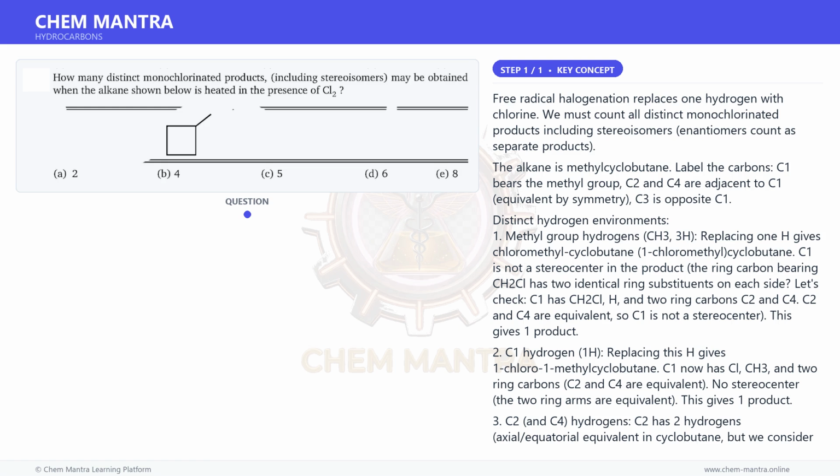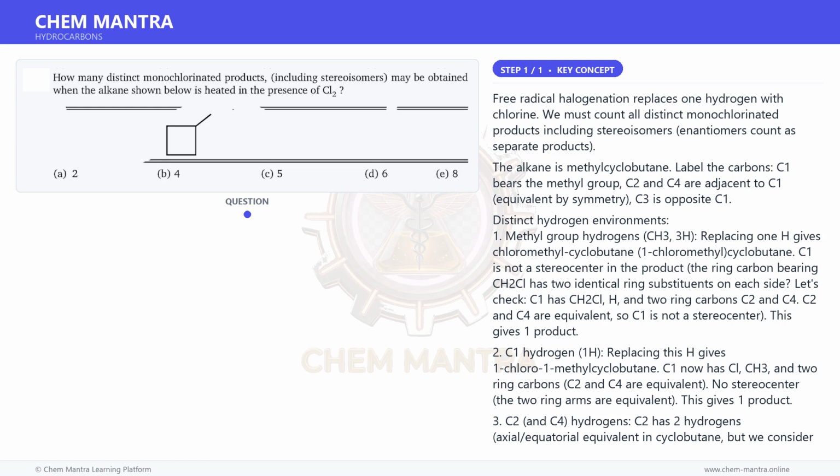The cis isomer, C1 and C2 substituents on the same face, has a plane of symmetry? C1 CH3 and C2 Cl, cis, the molecule has no plane of symmetry, so cis exists as a pair of enantiomers, R,S and S,R.